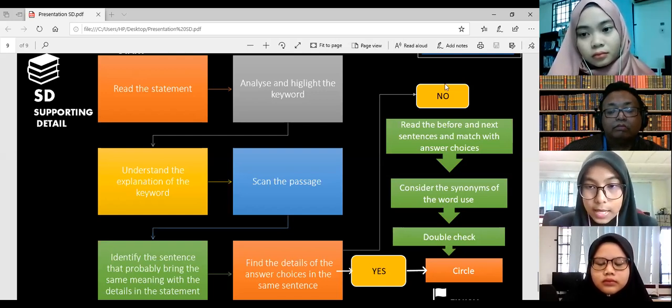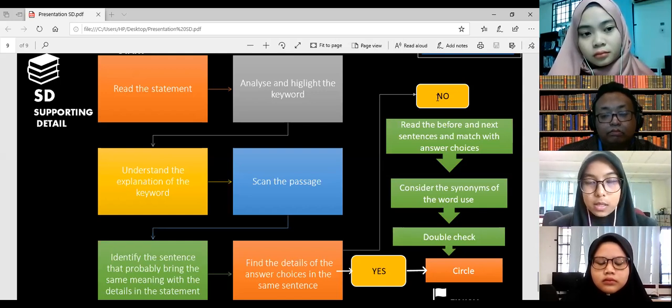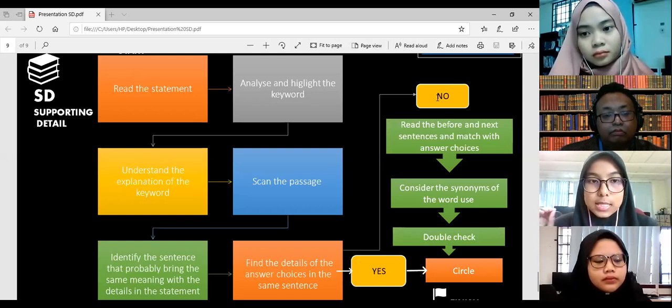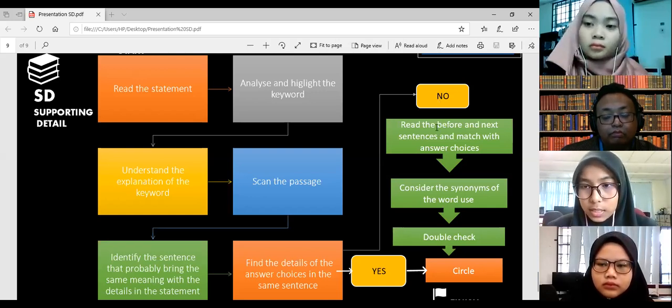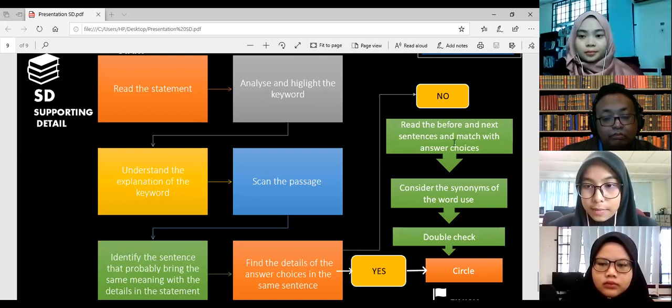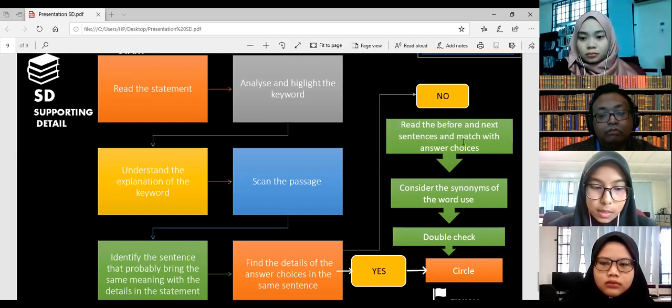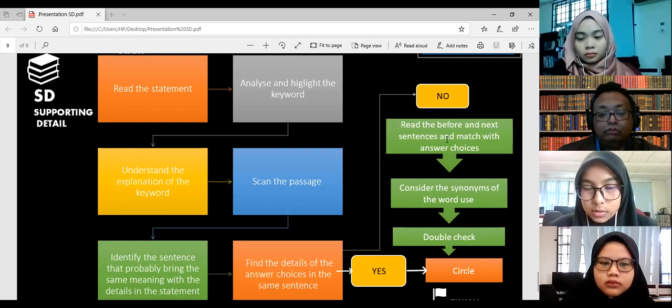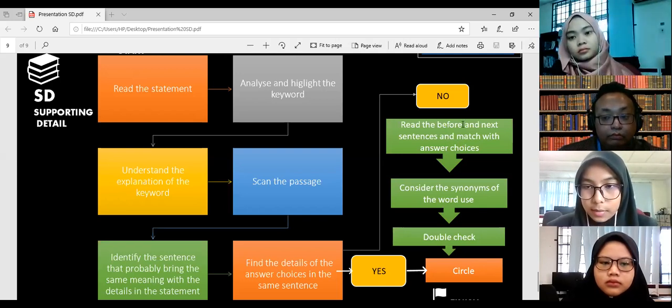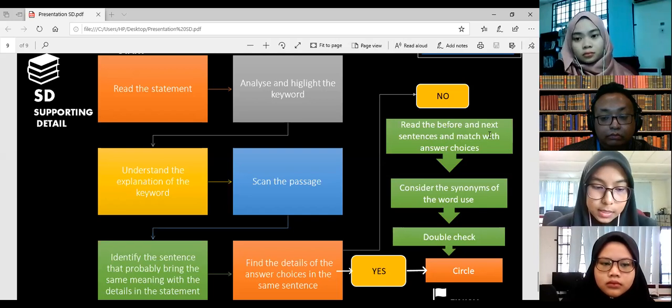However, if the answer choices do not have the same words or statement from the passage, you need to read the before and next sentence carefully and match with the answer choices, because usually supporting details are before or after the main idea.